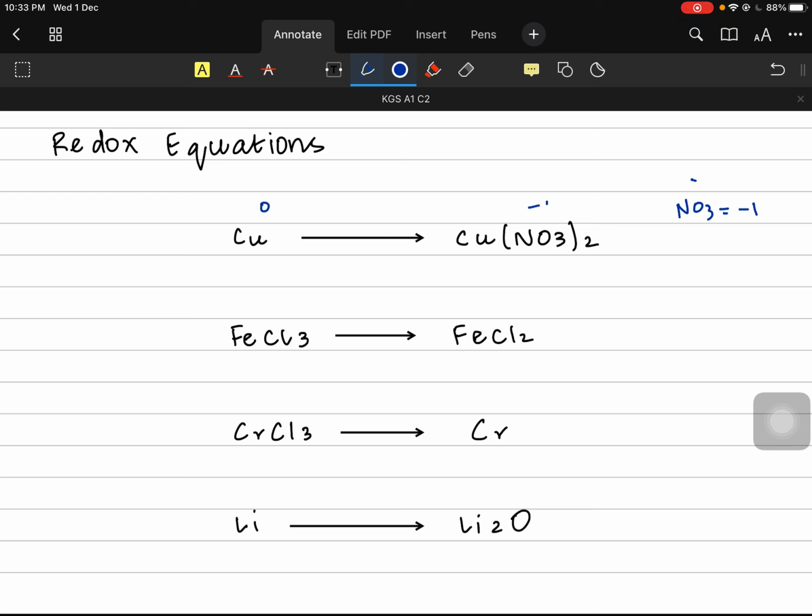If it's two NO3s, it has to be -2, and obviously copper as a whole becomes +2. So copper is turning from 0 to +2. That means copper is oxidized here because the oxidation number changes from 0 to +2. It's losing electrons. Oxidation number increases. It is oxidation.